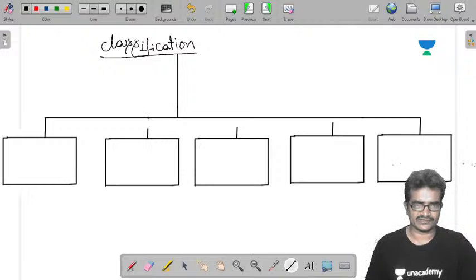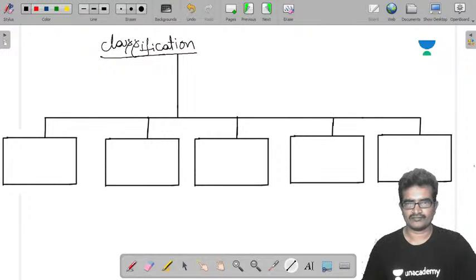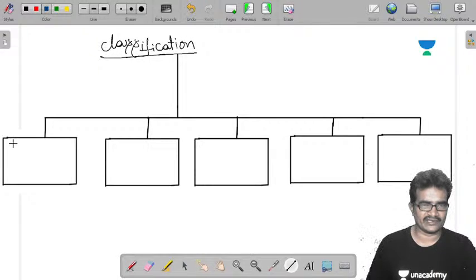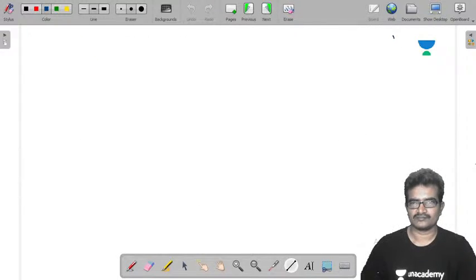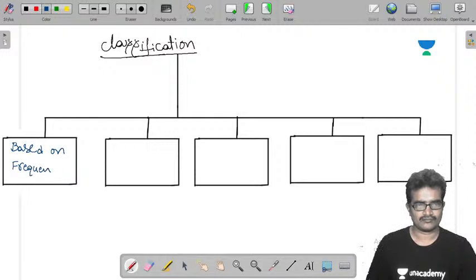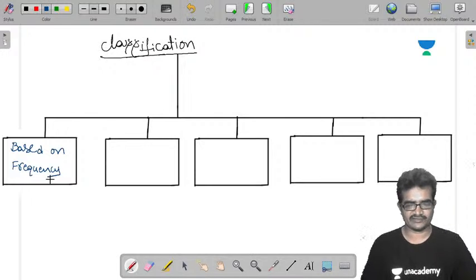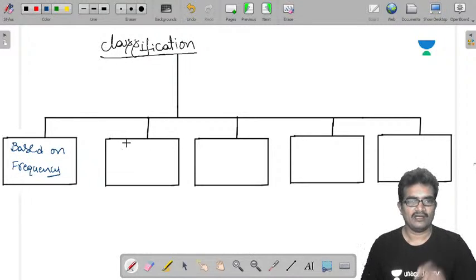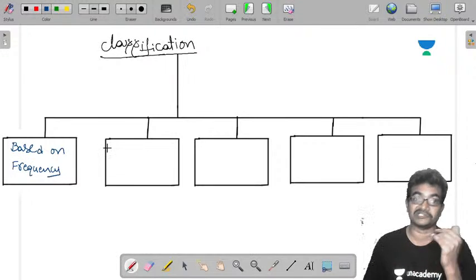So there are 5 classifications in total. Now the first one is based on frequency. The second one is based on signal type, voltage or current, like that.